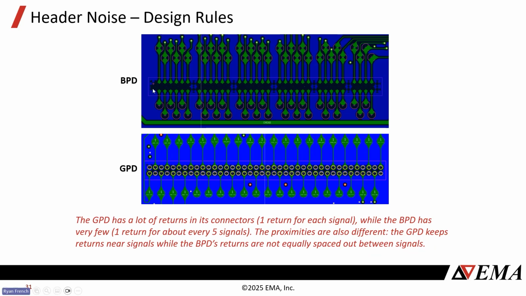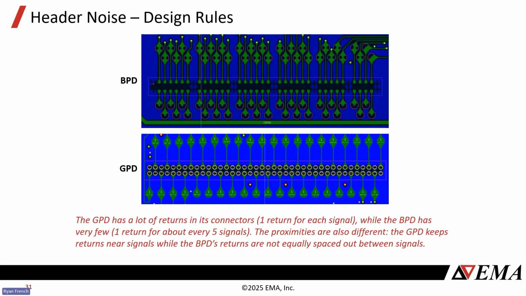And not only that, we only have a couple grounds for all those signals. And so to improve it on the good design, I used 1 ground for every single signal. And so at any given point, most of these have 1, 2, 3 grounds surrounding each signal pin. That should help contain the spreading of those fields.